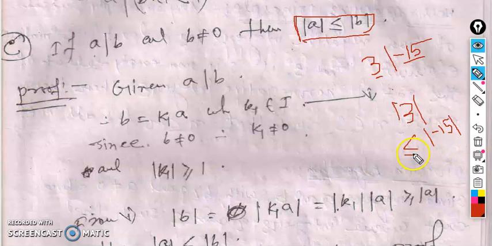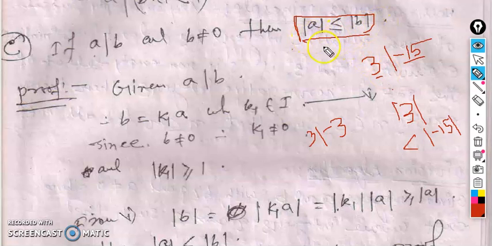For this particular example the result is strictly less, but it may happen that equality occurs, because 3 is divisible by minus 3, and in that case the equality sign holds. When the numbers are associates, satisfying the associate relation, the equality sign occurs.